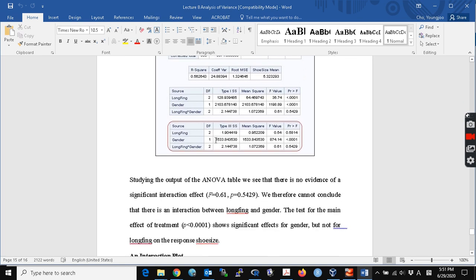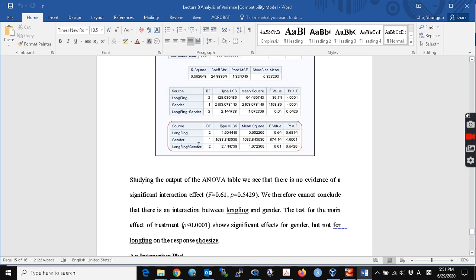And then the type 3 sum of squares adjusts for all the effects no matter what the order is. So here you have longfin, and its sum of squares is computed in the presence of gender and longfin*gender. Then the sum of squares for gender, the variability of gender, is computed in the presence of longfin and longfin*gender.